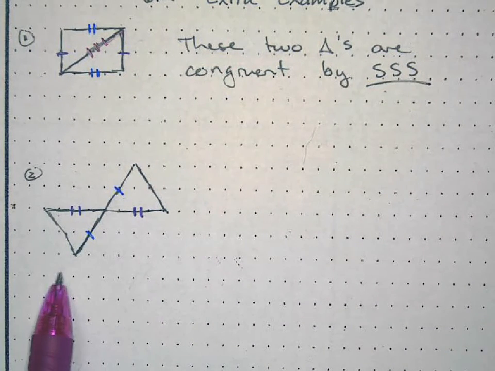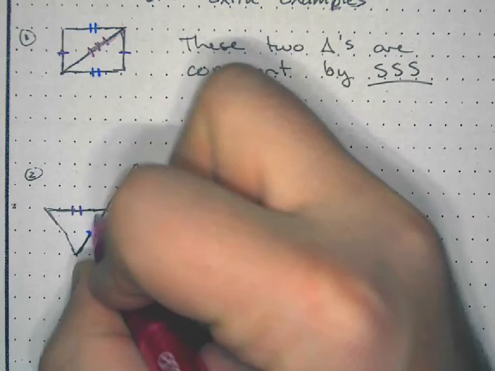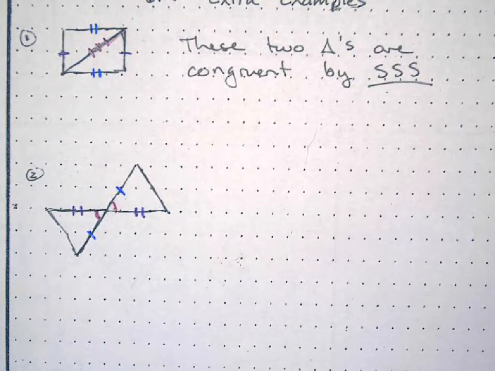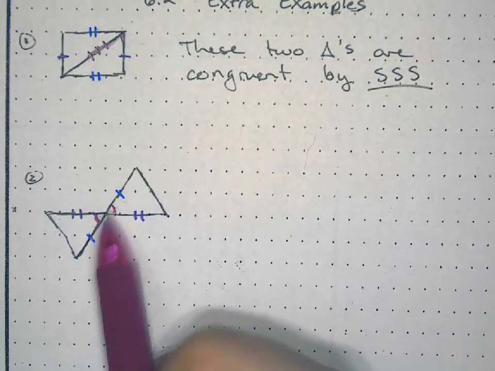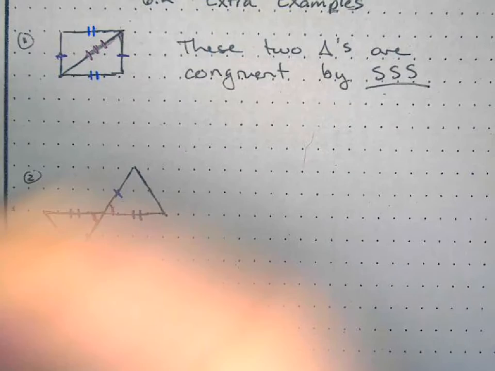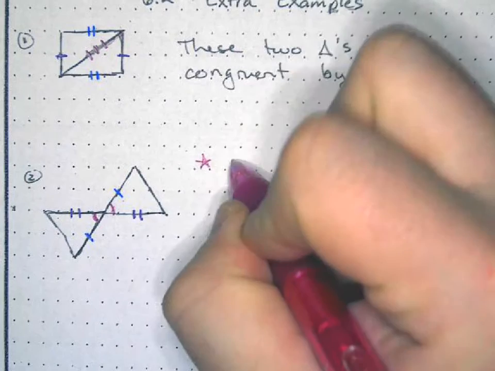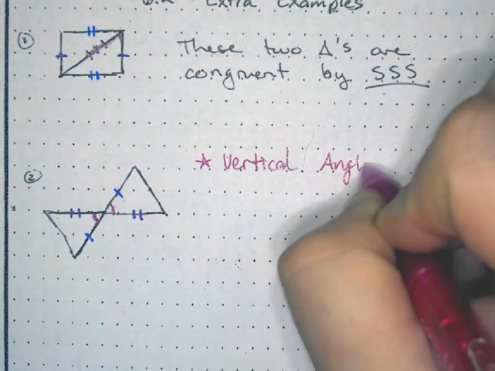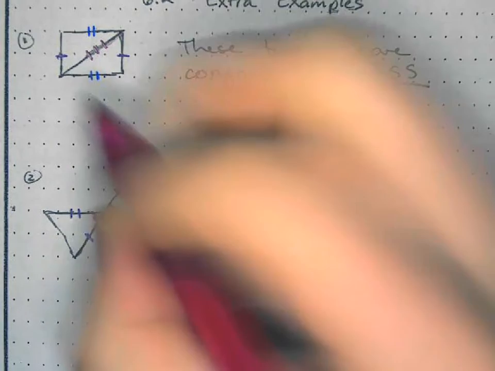This is what's given. And then I have to know, oh yeah, these angles right here, when they're across from each other like that, those angles are congruent to each other. So that's vertical angles. That's kind of like a reminder we need. These are my vertical angles.